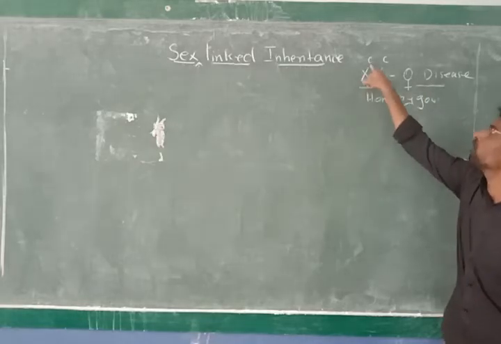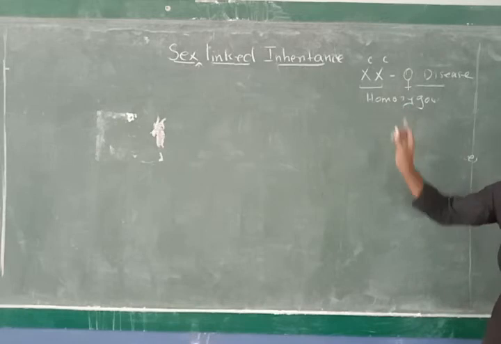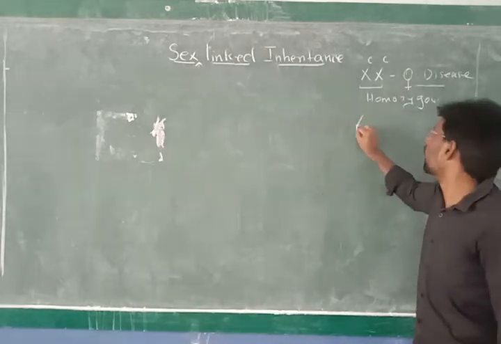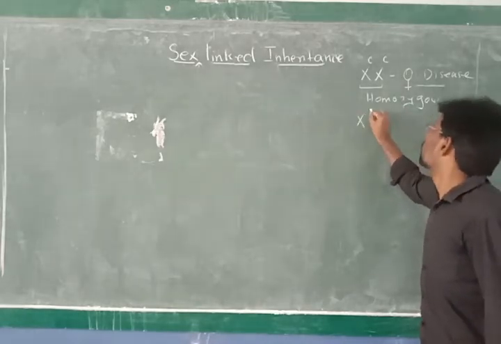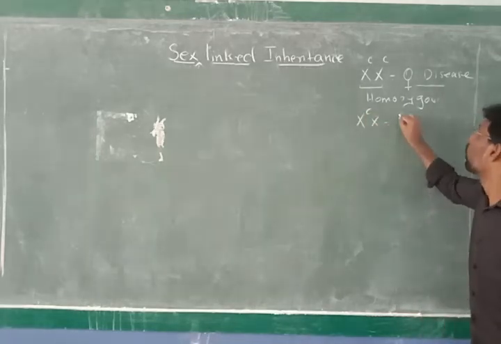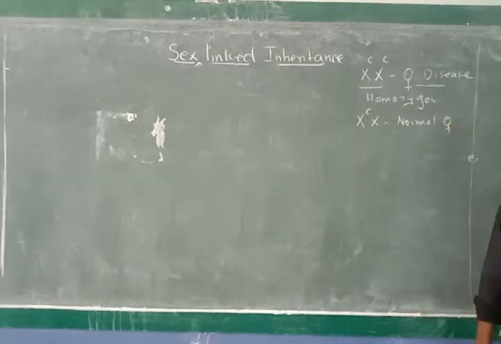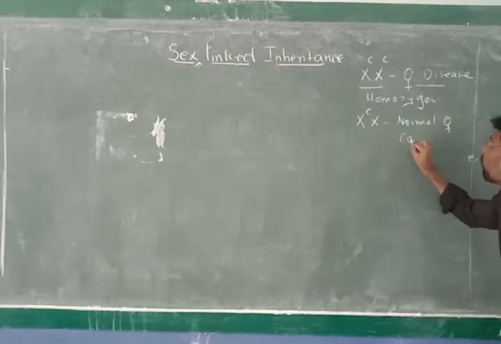In her chromosome, we will mark C. C means it is disease. What is C? Color blindness. Second situation, if it is X^C and just one X is there, it is normal. The female is normal, but she is a carrier of the disease.